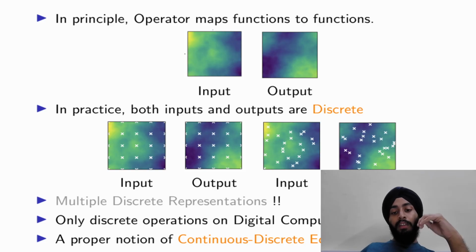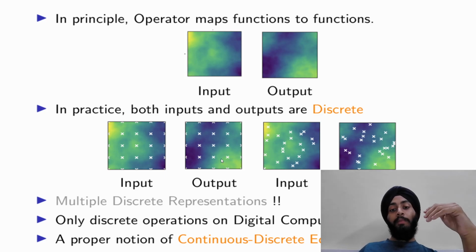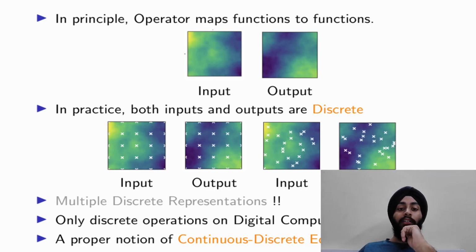So if I am using any deep learning method for this, and even for any traditional solver, the problem is that due to the multiple discrete representations, there is no notion of a continuous to discrete equivalence. If I use traditional deep learning, my neural network will learn a very simple discrete representation.